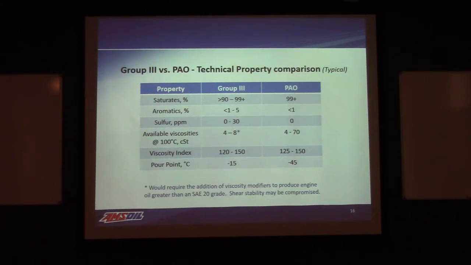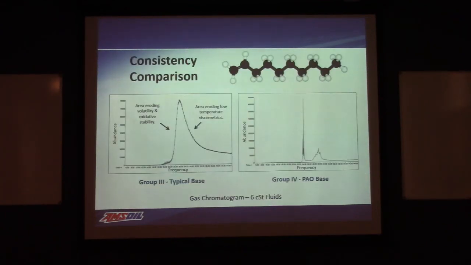PAOs, group 3s have come a long way to bridge the gap from conventional mineral oils to synthetic. A long way. But are they there all the way? No. They do still fall a little short in some areas. And consistency, we talked about being one.